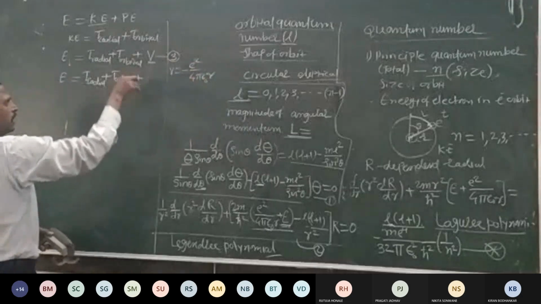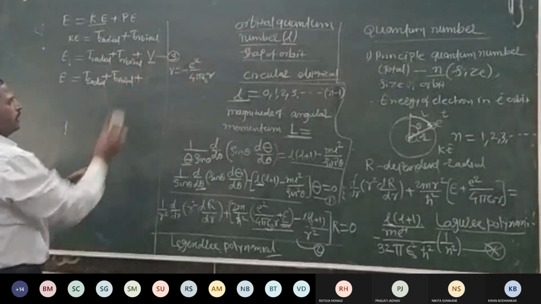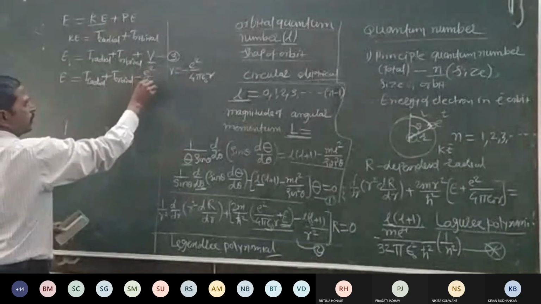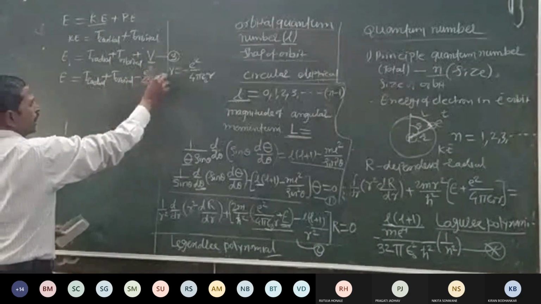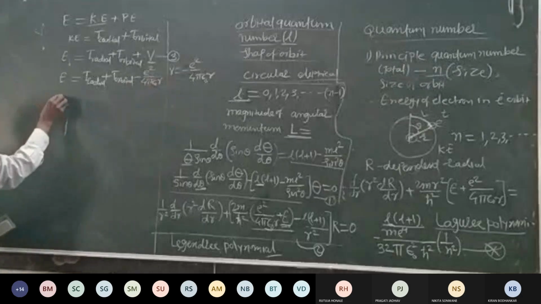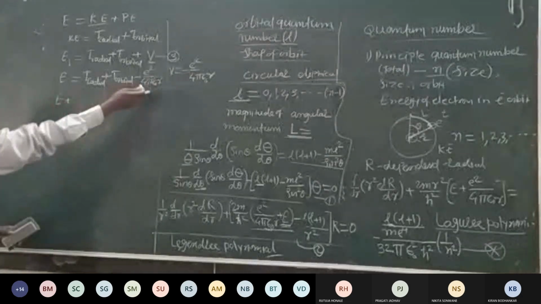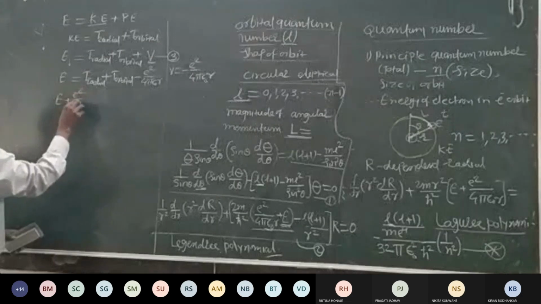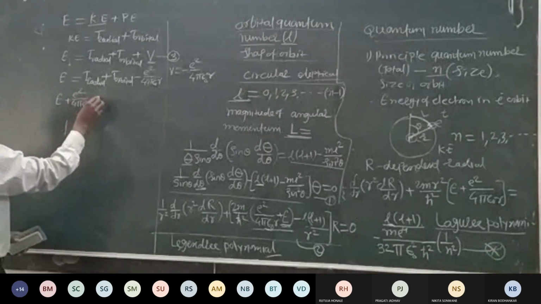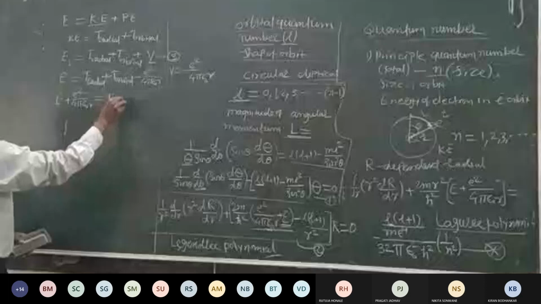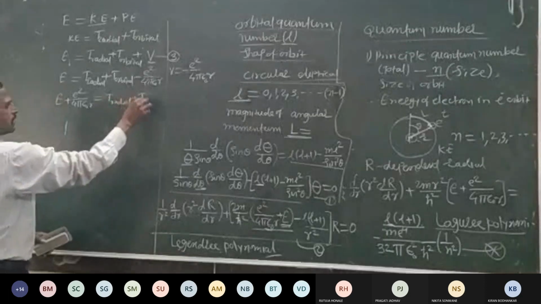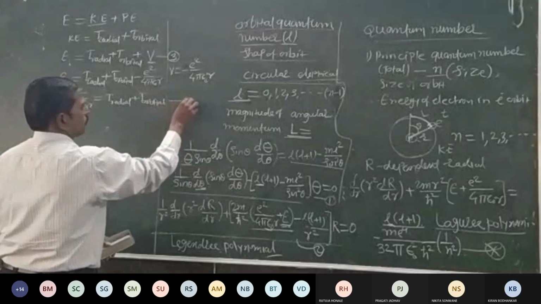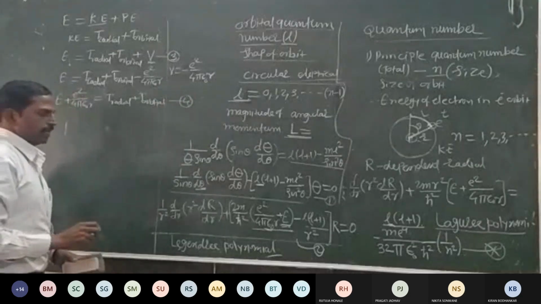On putting this here and shifting it to this side, we get E plus e square upon 4 pi epsilon 0 r is equal to T radial plus T orbital. Give this as equation number 4.